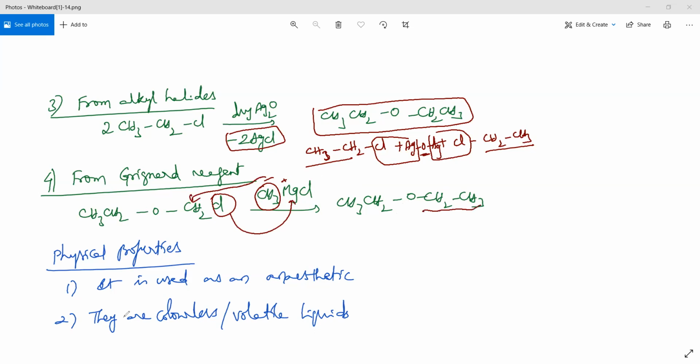Then physical properties. It is used as an anesthetic. They are colorless and volatile liquids.